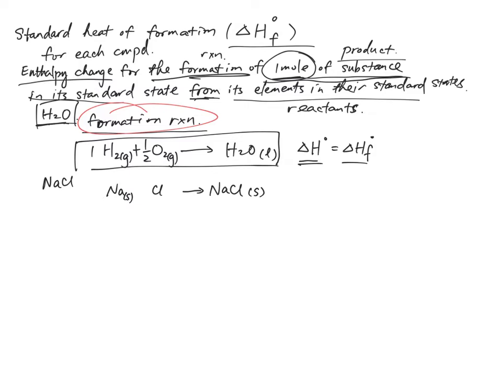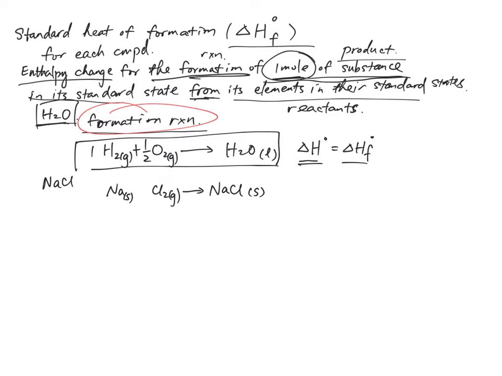That's good enough. And metals, aside from mercury, every other metal is a solid in its standard state, so put solid there. And then what about chlorine? Chlorine, like all the other halogens in the same group, always makes diatomic molecules, so Cl2 gas.